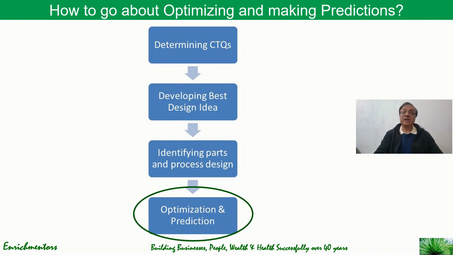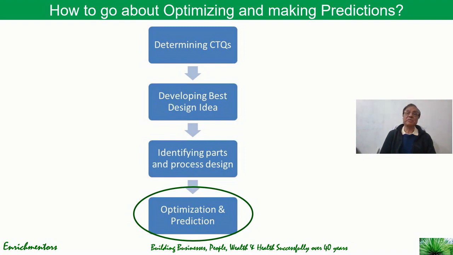And that has come about after following four other steps previously, starting with determining CTQs, understanding the design requirements before we went on to develop the best design ideas, identifying parts in process design, and we were now looking at optimizing and prediction.